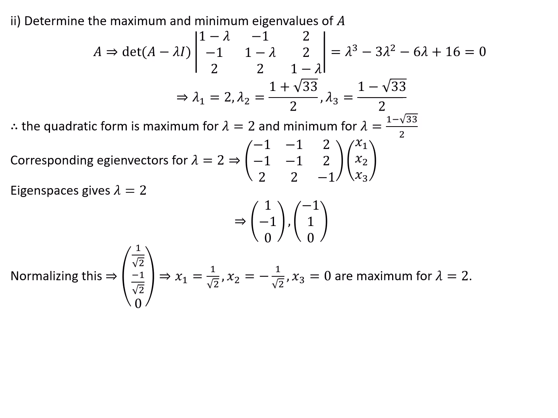Go back to the determinant. Anywhere you see lambda, replace it by 2 for lambda 1. So when you do that, you will have what you have here, which is minus 1, row 1, minus 1, minus 1, 2, then row 2, minus 1, minus 1, 2, row 3, 2, 2, minus 1, multiplied by a column vector x, x1, x2, x3. By the time you multiply this together, you will have 3 equations.